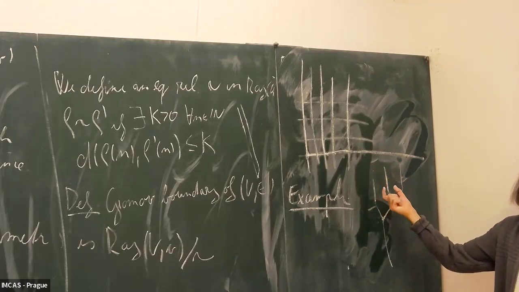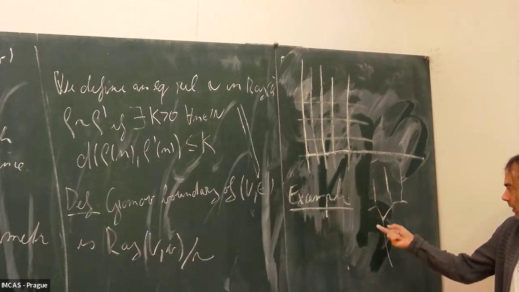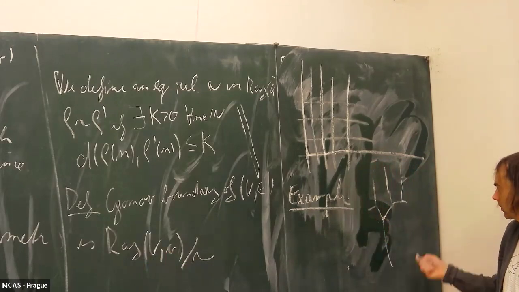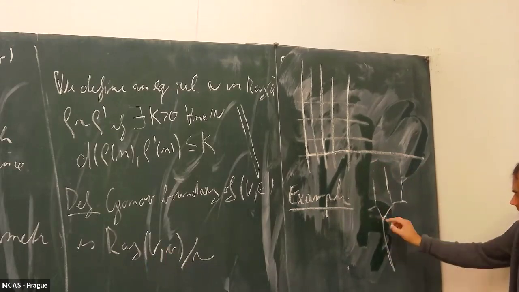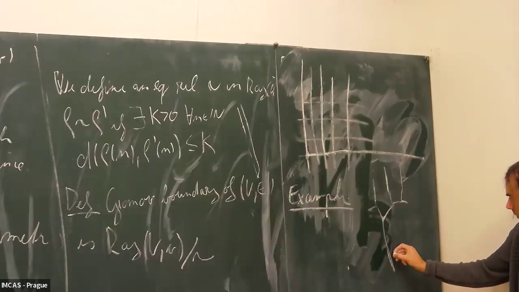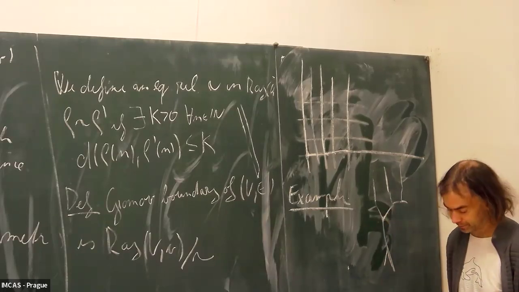No two rays are equivalent, so the boundary is exactly the space of rays, and it is a zero-dimensional space. In particular, if every vertex in this graph branches, then the boundary is exactly the Cantor set.